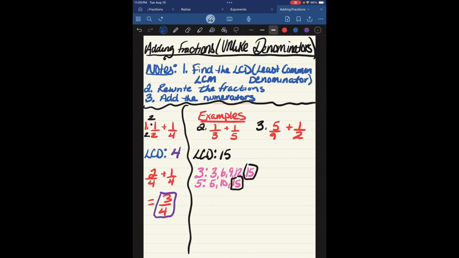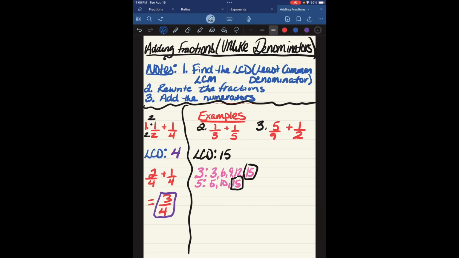That is our common denominator. When you find the least common denominator, it is the first number that they have in common. Remember, the least common denominator is the first common number that the two values share. All right?